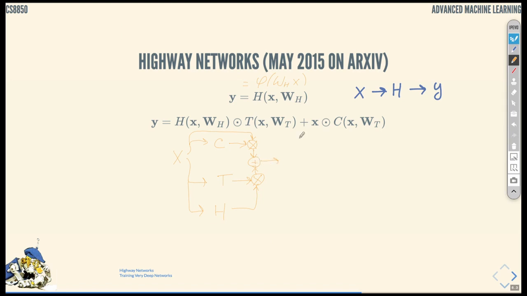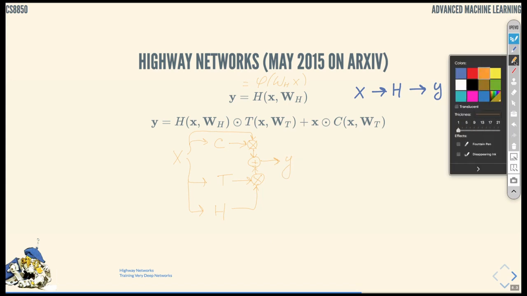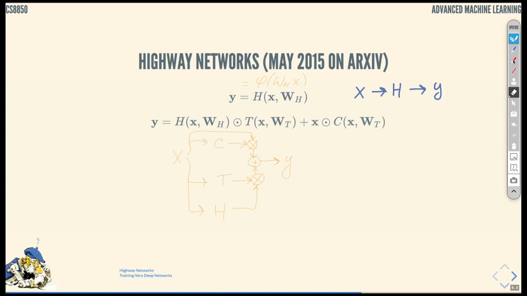This is our new x, or if we call it y, and choose a darker color. Then we'll repeat the same block again. So what is happening here?